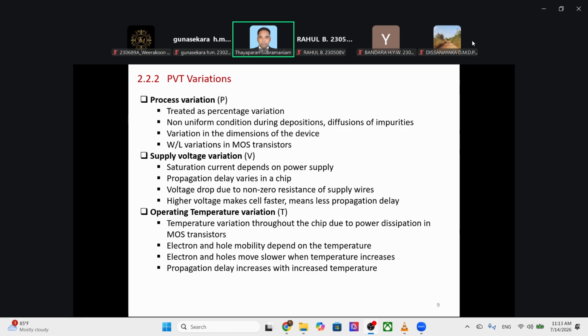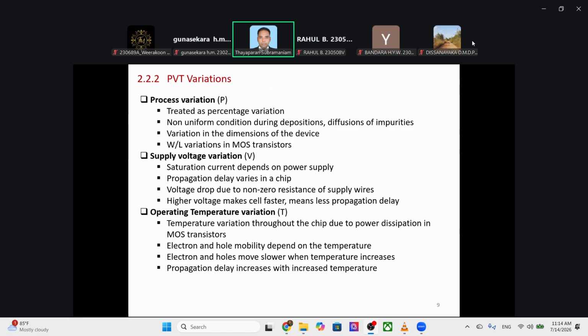The lower the supply voltage, electrons move slower. Therefore, signal delay is less when we have high supply voltage, and signal delay is small. Sorry, less means a small value. Signal delay is a higher value when the supply voltage is small, or in the minimum.